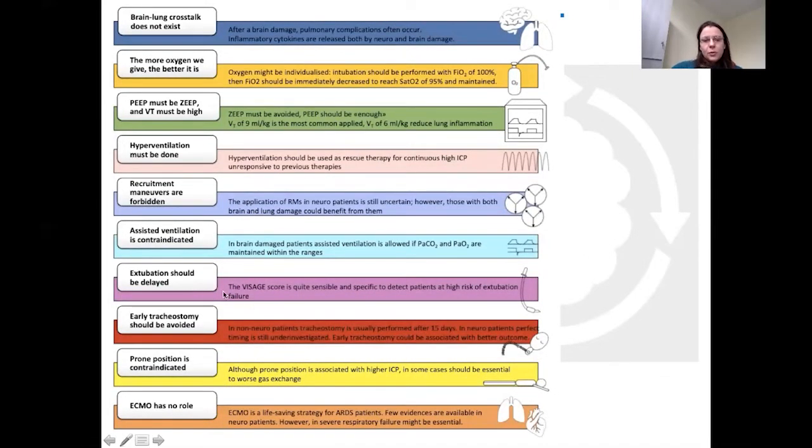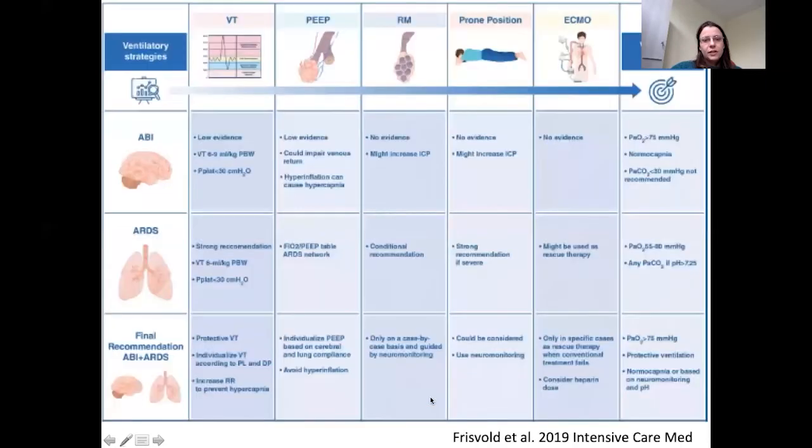These were patients where prone position, recruitment maneuvers, ECMO, and all the rescue strategies were completely forbidden and not considered at all. And these patients were excluded from the big trials where lung protective strategies have been tested, because the presence of acute brain injury was considered a contraindication for the use of lung protective ventilation.